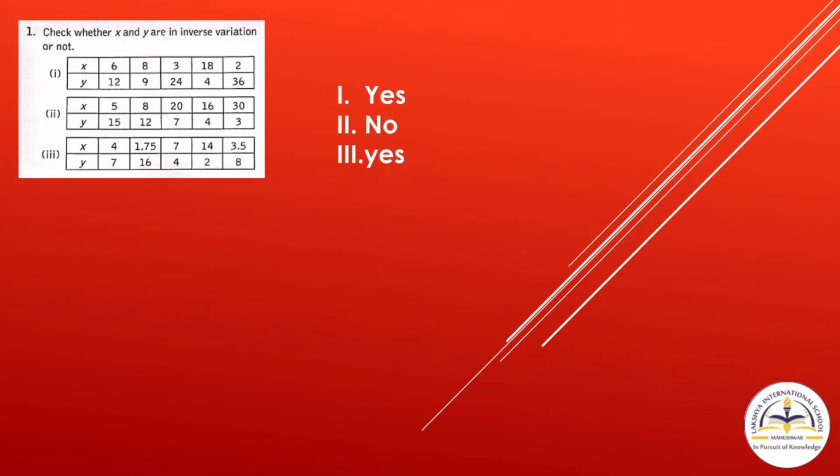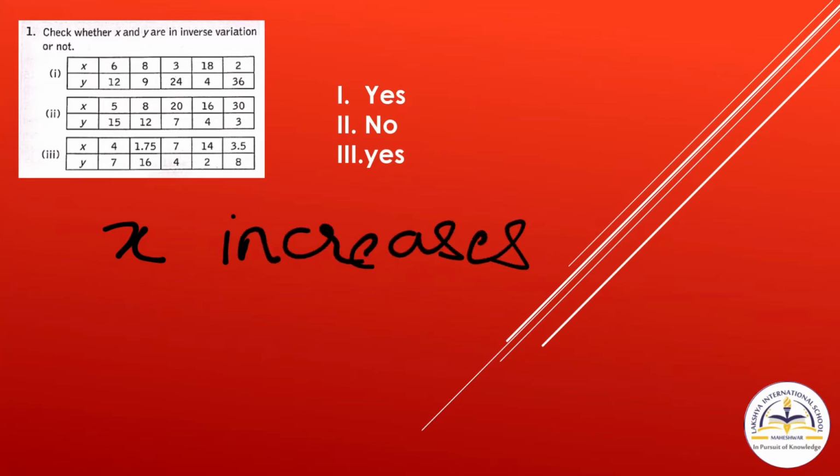Question number 1. Check whether x and y are in inverse variation or not. Now, what is inverse variation? Inverse variation means if the value of x increases, then the value of y decreases.